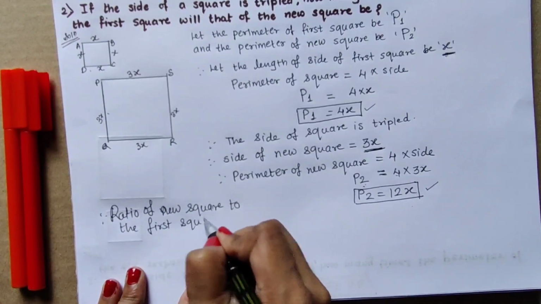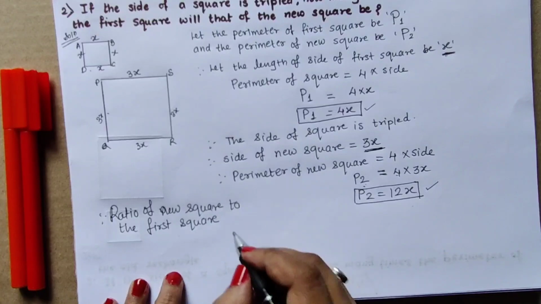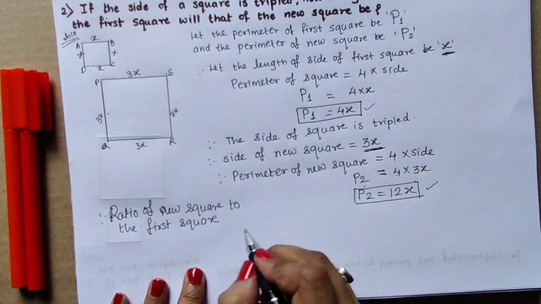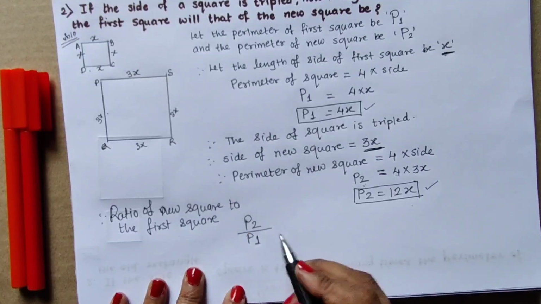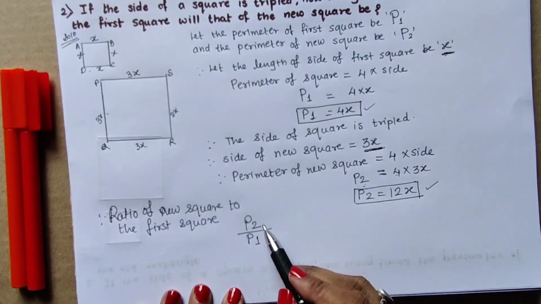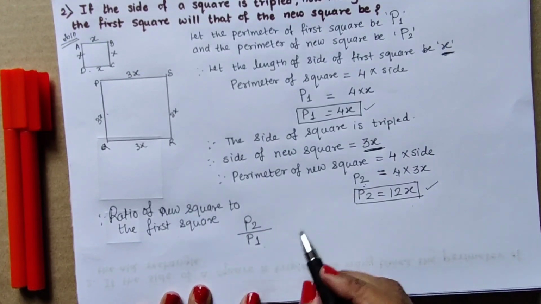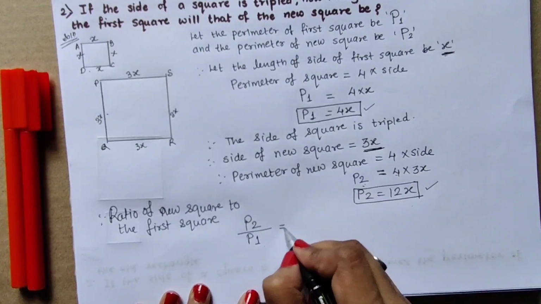Okay, new square to the first square. So new square is P2, first square is P1. So P2 upon P1, ratio of new square upon ratio of old square or first square.